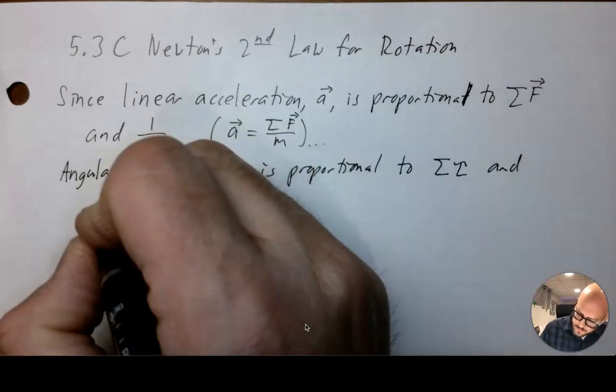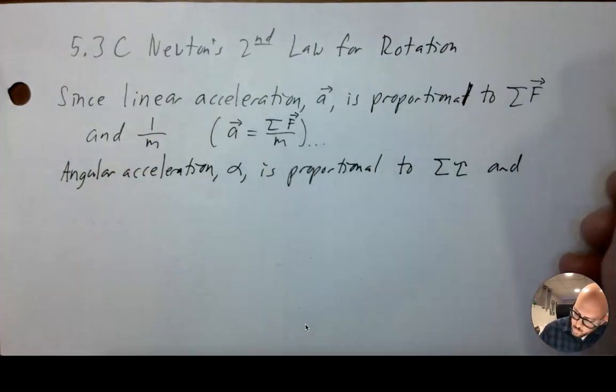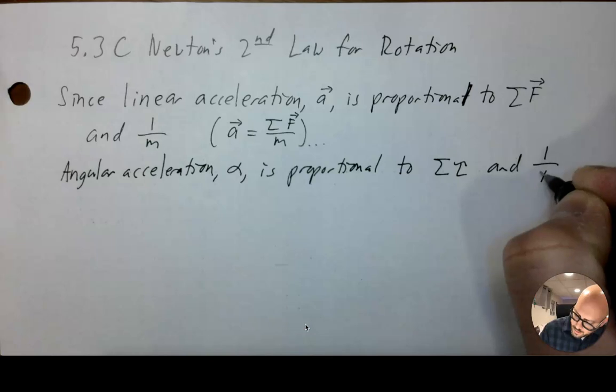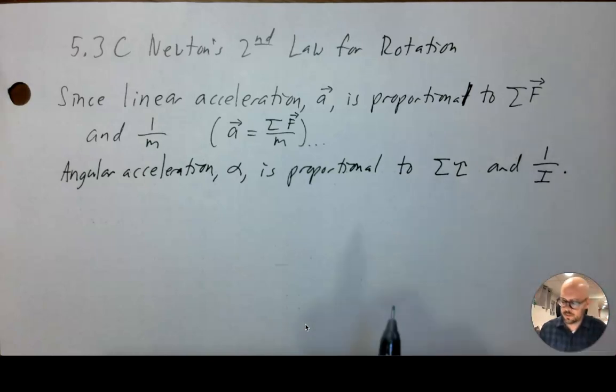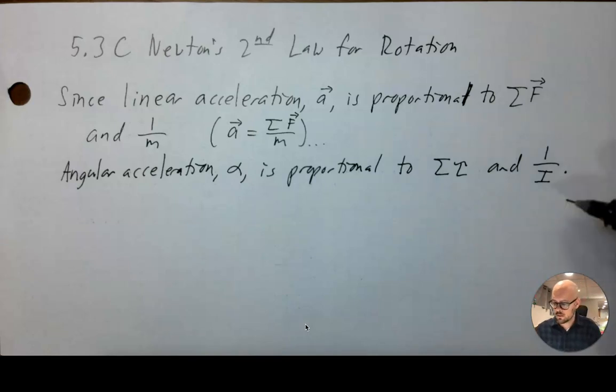And inversely proportional to 1 over I, the rotational inertia. In other words, the thing that resists a change in angular velocity is the rotational inertia of the system.